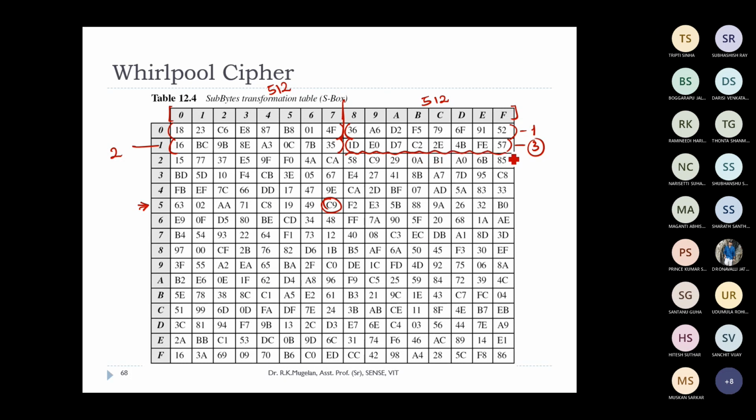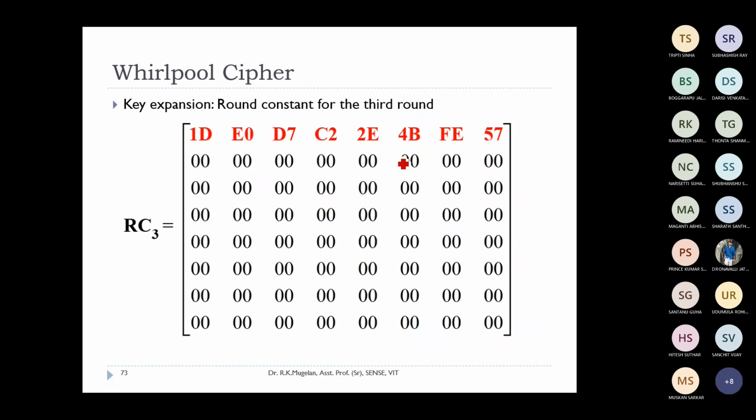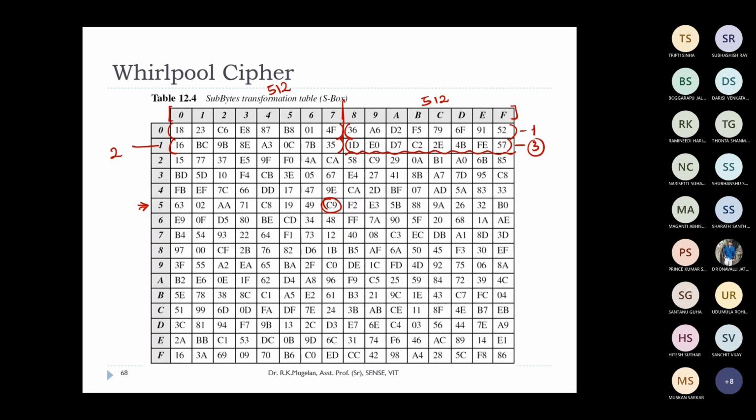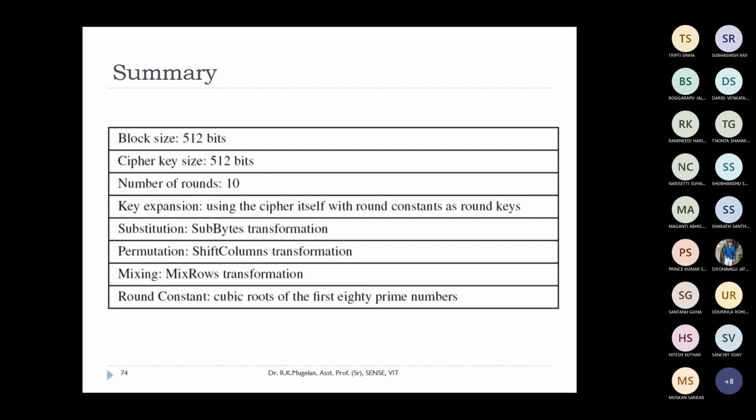The same value is used here: D, E0, D7, C2. Maybe they used the same technique, taking the prime numbers, to create the SubBytes table also. You can use this method also to find your round constants.